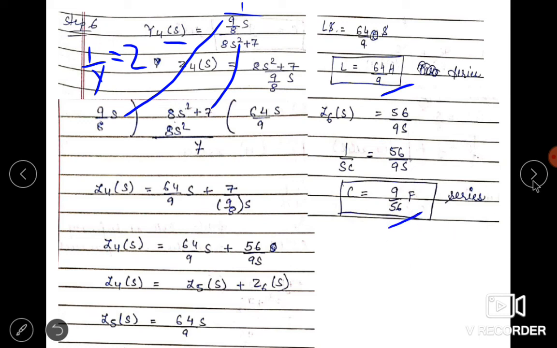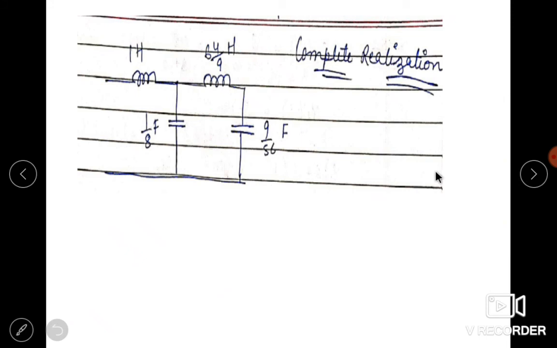If you place these values in the network, this is the most important part. In the first step I pointed out the value of 1 H. This is the value of the capacitor which is connected in series with this circuit but parallel in this circuit, and the value of 1/8 F, and again this is the value of 8 H. So this is the complete realization of the network.